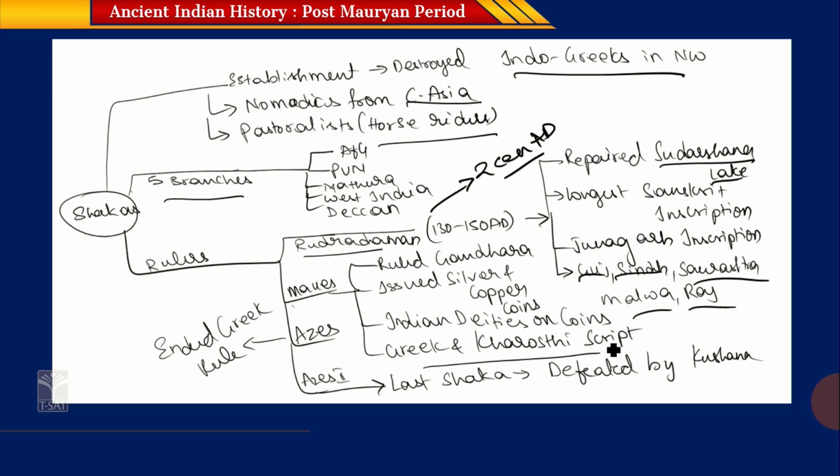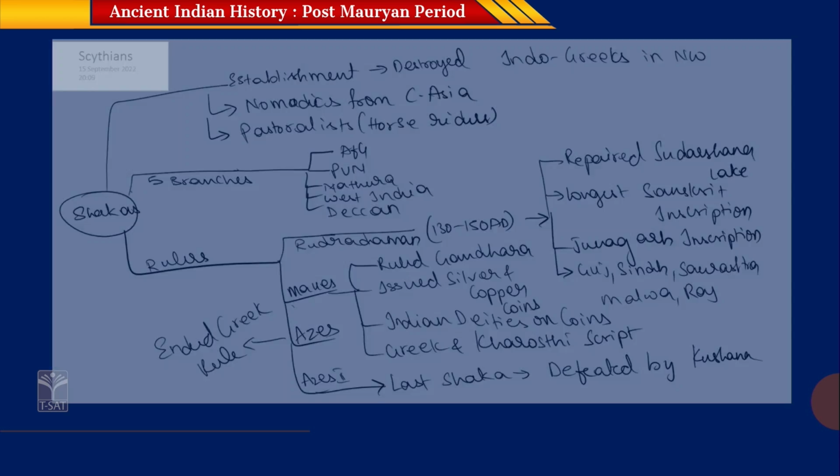He also gave Greek and Kharosthi script inscriptions. The other Shakas are Maues and others. The last known Shaka was defeated by the Kushanas, another tribe from Central Asia, Xinjiang province, also called the Yuezhi.